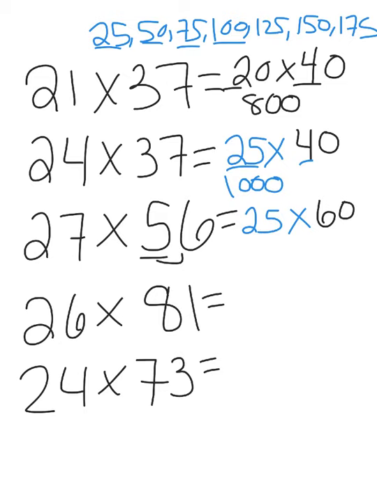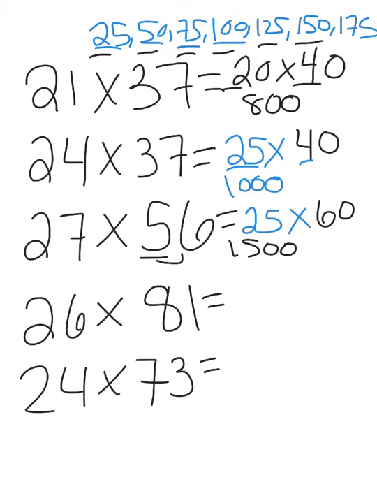So now we need to count by 25 6 times. So we have 25, 50, 75, 100, 125, 150. So 150, and then add our 0. So our answer would be 1,500.